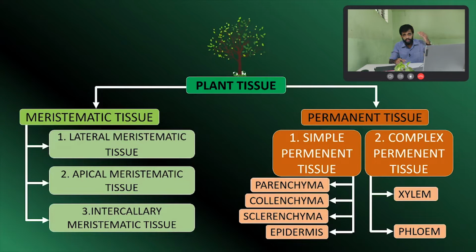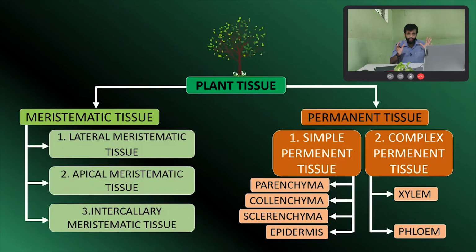The simple permanent tissue is classified into parenchyma, collenchyma, sclerenchyma, and epidermis. The complex permanent tissue is classified as xylem and phloem. I'm sure you have studied xylem and phloem maybe in the 7th standard. So you're just going to learn a little bit more, but you have never heard about the other tissues.